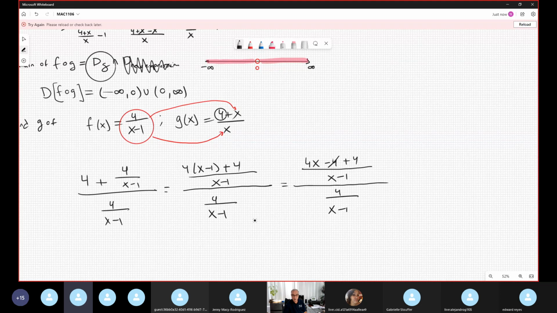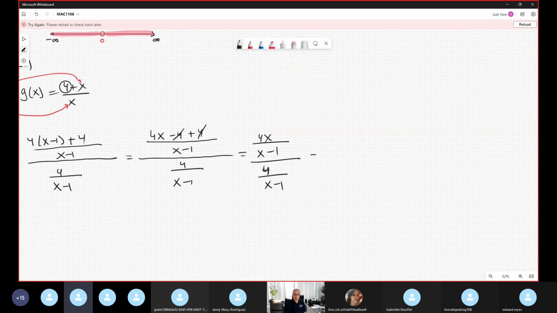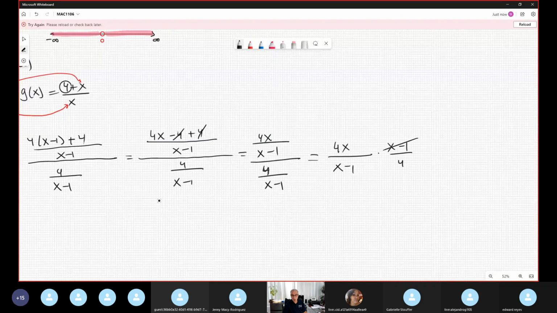And it's obvious we cancel out this. And we have 4x divided by x minus 1, divided by 4 over x minus 1. Okay, now finally, I divide: 4x over x minus 1 times, flip it, x minus 1 over 4. Wow, x minus 1 is cancelled, 4 is cancelled, and it stays again x.